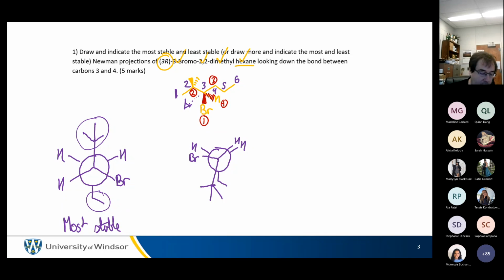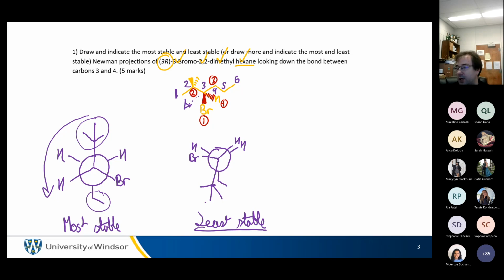So you want to keep going clockwise, counterclockwise, I guess, with the arrow drawn from tert-butyl to hydrogen. And that's still the case here. Because if suddenly I switch the bromine and hydrogen, then I haven't made the same molecule. So that answers this question.